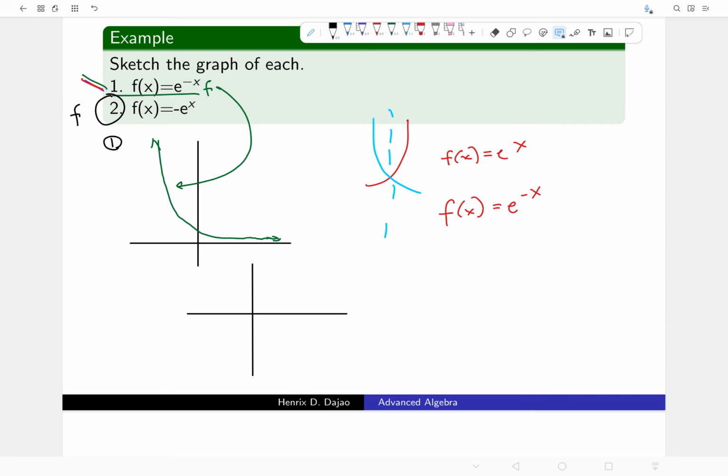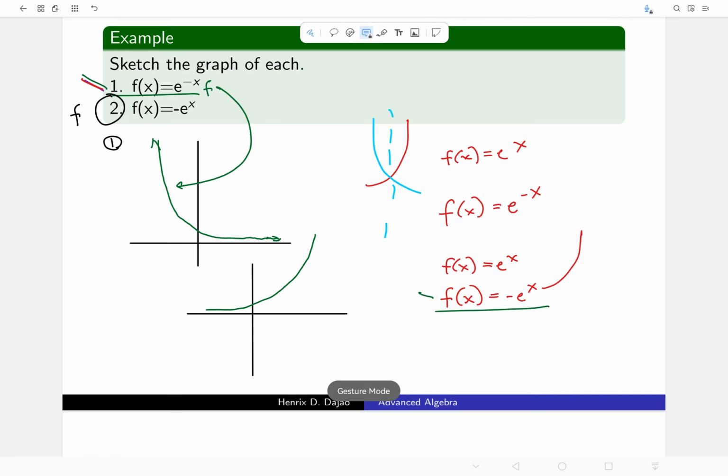So remember the graph of our f of x equals e raised to x looks like this, right? So what's the appearance if your f of x is negative e raised to x? Again, the graph of e raised to x looks like this. Now how about for the f that is defined by this?